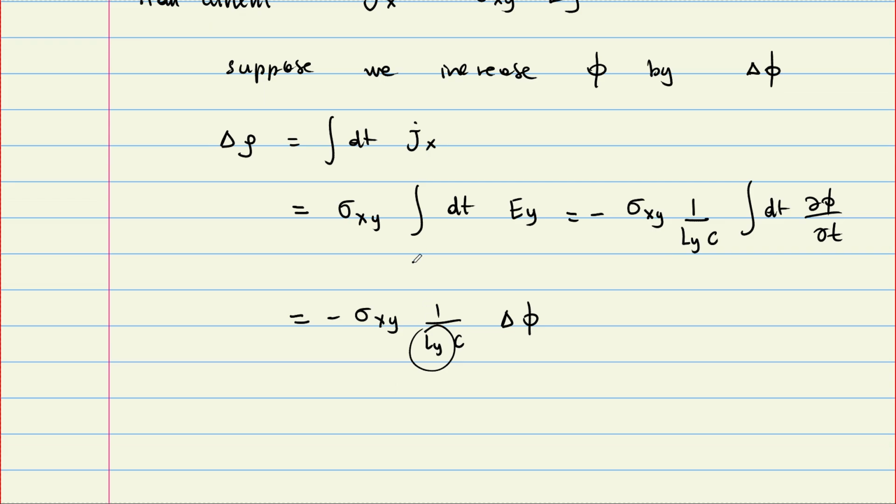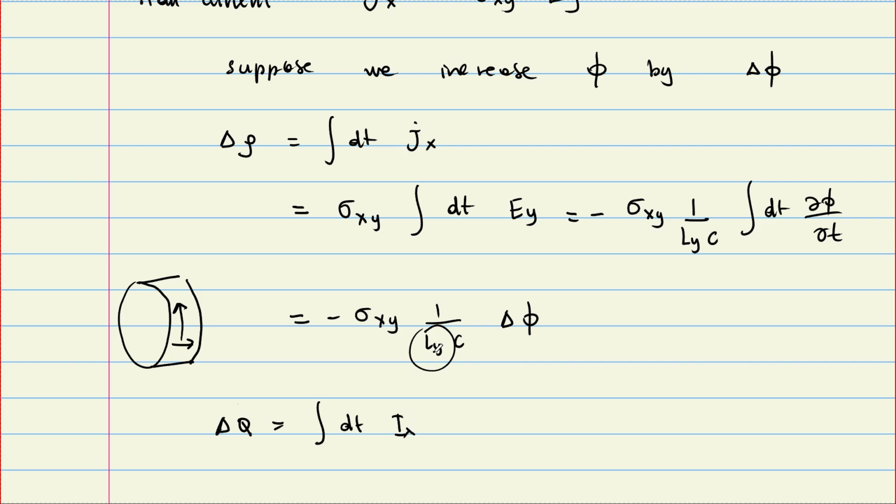Okay, so the ring is something like this. This is the Hall voltage. This is Jx. And if I multiply Jx with Ly, this is going to be delta Q equal to dt times Ix.